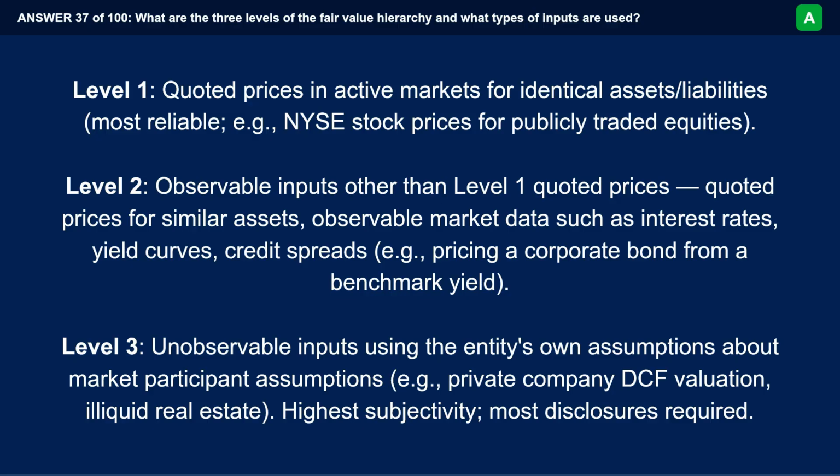Quoted prices for similar assets, observable market data such as interest rates, yield curves, credit spreads, for example pricing a corporate bond from a benchmark yield. Level 3: unobservable inputs using the entity's own assumptions about market participant assumptions. For example, private company DCF valuation, illiquid real estate. Highest subjectivity, most disclosures required.